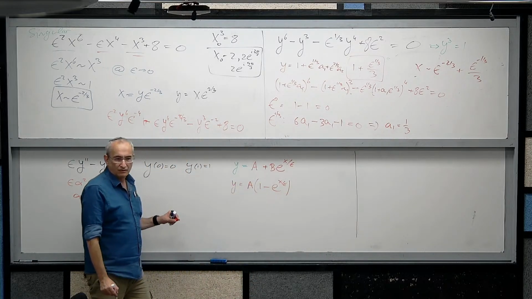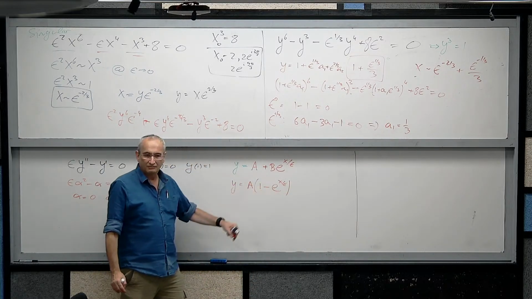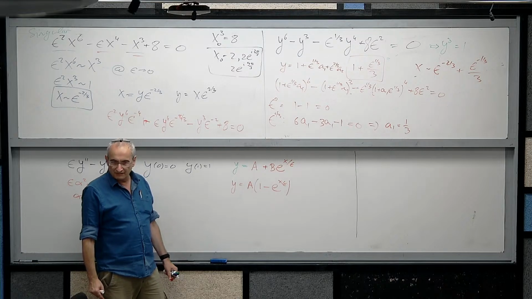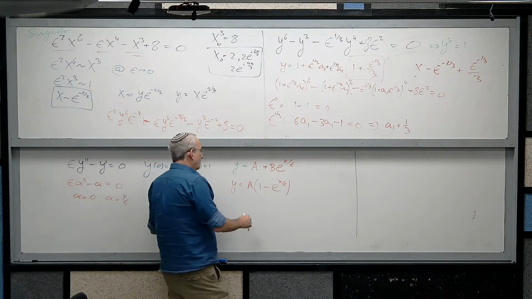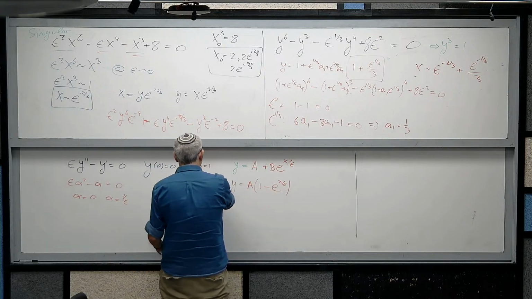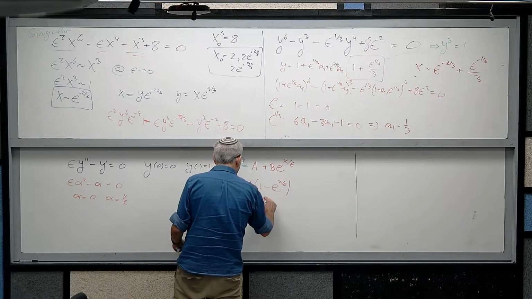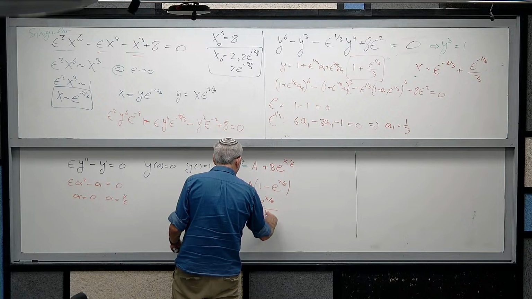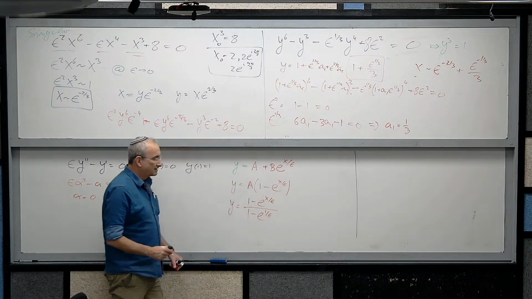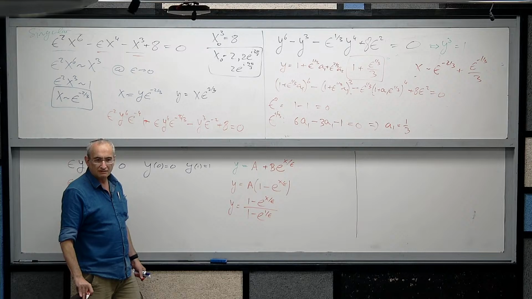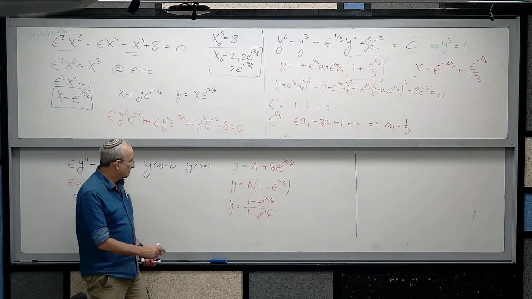Note that at x equals 0, this will be 0. Okay? And now I have to make sure that at 1 it will be equal to 1, but this is very easy. I will write 1 minus e to the x over epsilon divided by 1 minus e to the 1 over epsilon. So clearly when x equals 1, this will be equal to 1. Okay, so this is the solution.